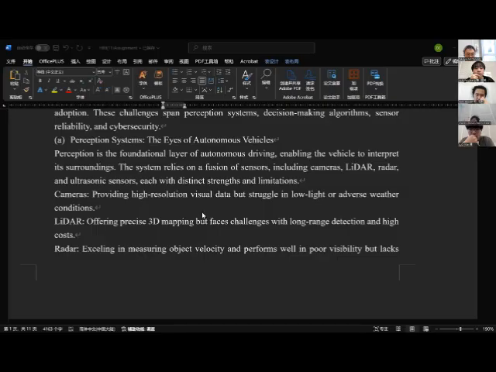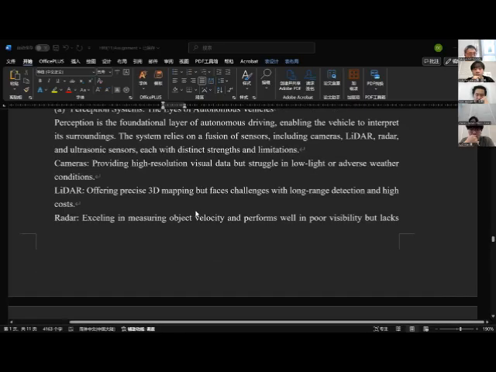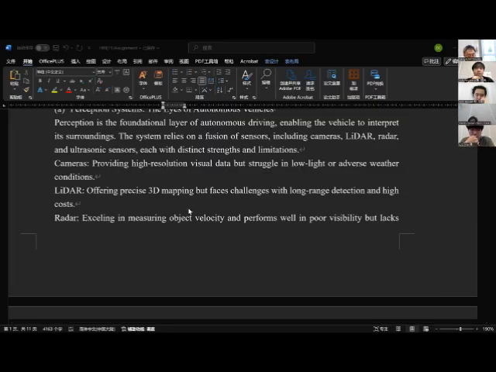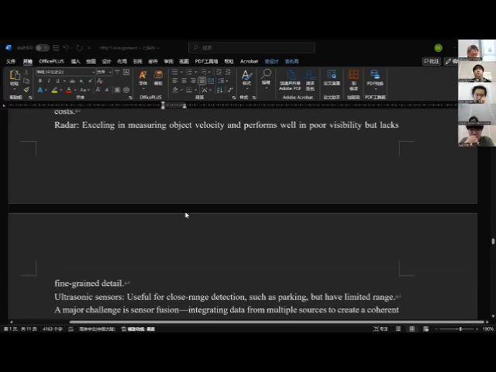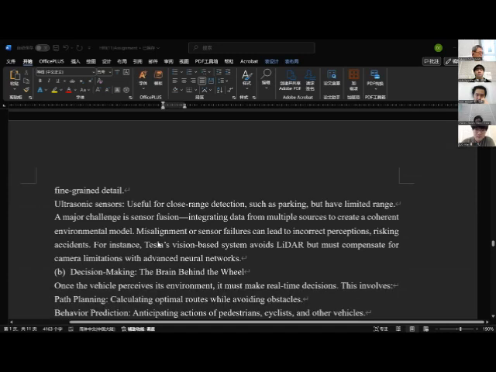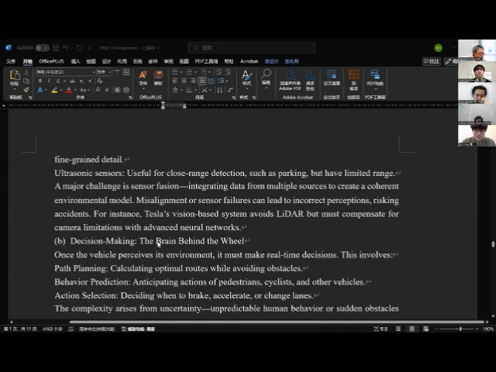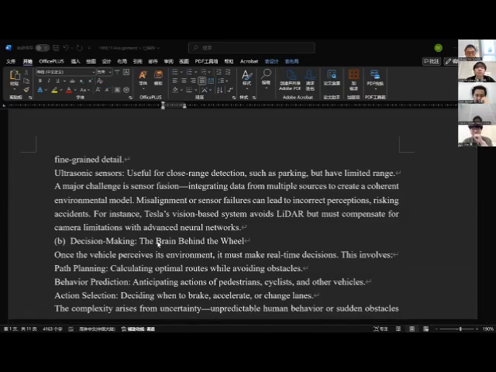Cameras provide high-resolution visual data but struggle in low light or adverse weather conditions. LiDAR offers precise 3D mapping but faces challenges with long-range detection and high costs. Radar excels in measuring object velocity and performs well in poor visibility but lacks fine-grained detail. Ultrasonic sensors are useful for close-range detection, such as parking, but have limited range.